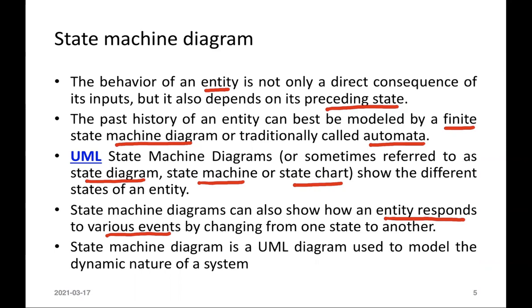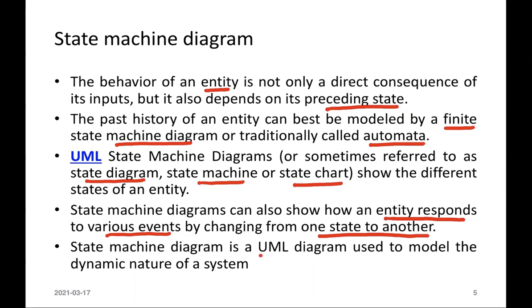But this is not the only thing that we can see in the state machine diagrams. We can also see the response of each of those entities to various events, which consequently will be in terms of a transition from one state to another state. Keep in mind that state machine diagrams are behavior diagrams that can be used to describe the transitions of states of certain entities in a system, or even the system in total.